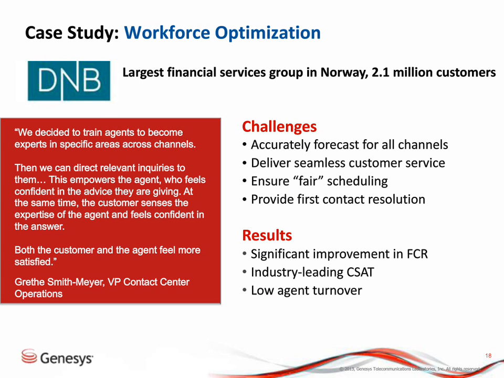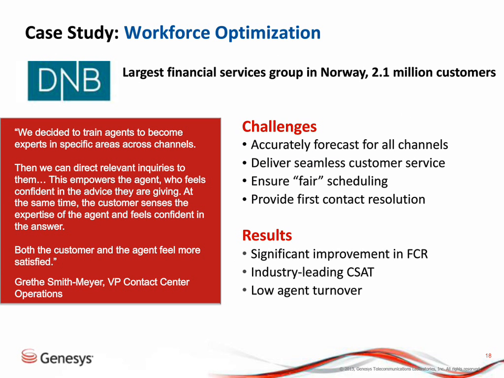Their VP of Customer Satisfaction, Gress Smith-Meyer, said, we measure customer satisfaction down to the individual agent. Each team leader has a score for his or her team, and each agent gets a personal score. And then if a particular customer is dissatisfied, the team leader calls him or her back and tries to resolve any issues.